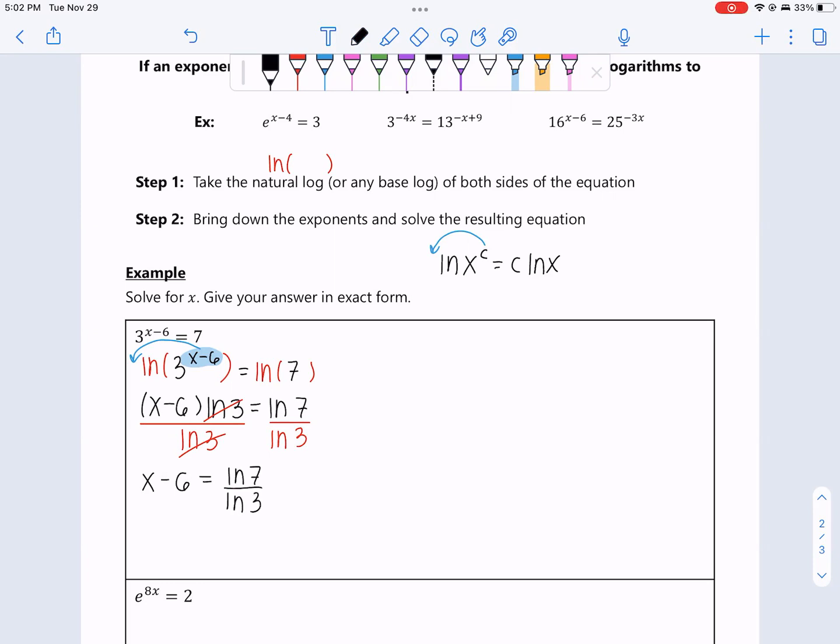You cannot simplify that. All right, don't simplify it. It doesn't simplify. Just leave it alone. I'm going to add 6 to both sides. I get x equal to ln 7 divided by ln 3 plus 6. It's an exact answer, and that's it. I'm done.